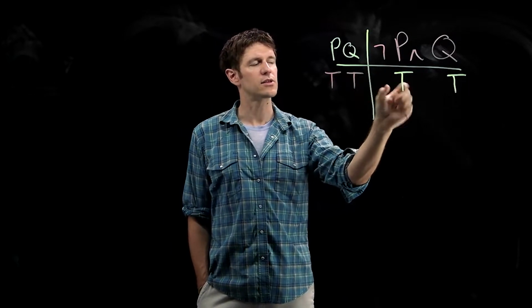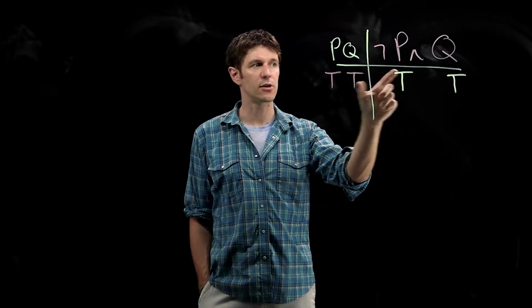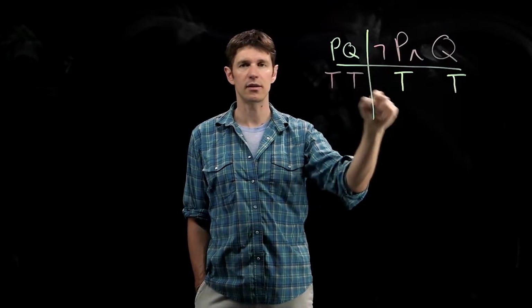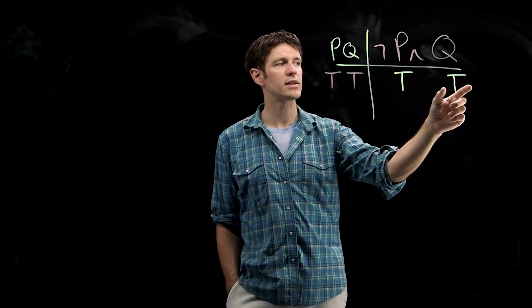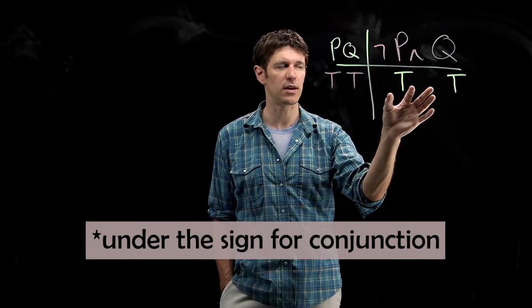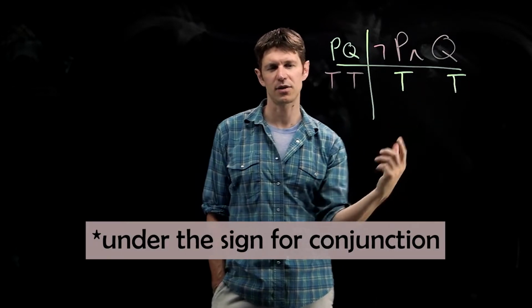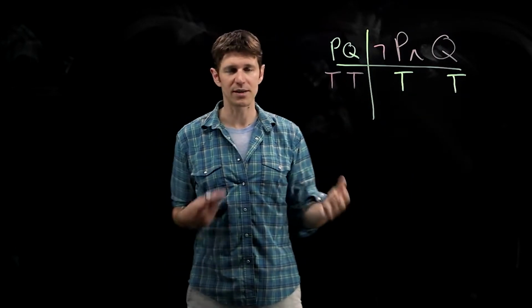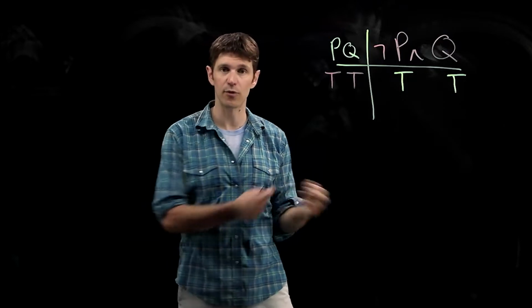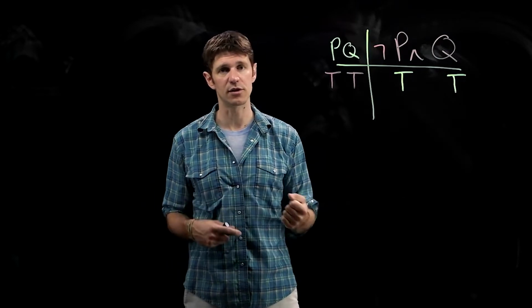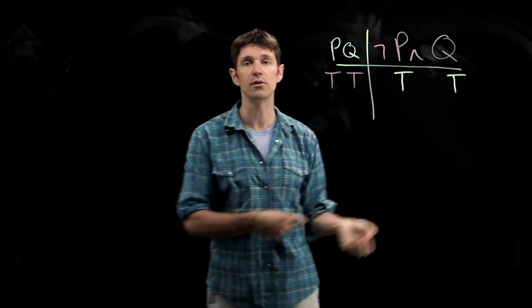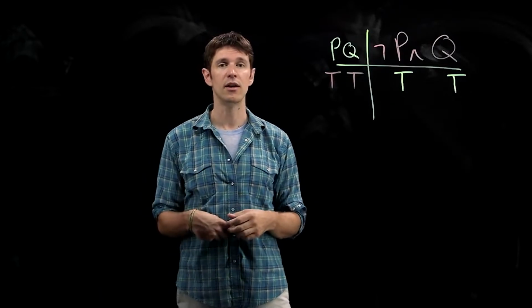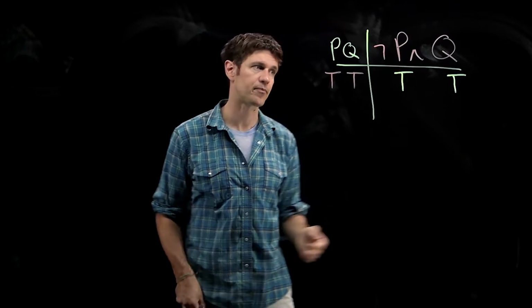Do I take this truth value T and determine the truth value of not P and write a truth value under here? Or do I take the truth value of Q and P and write it under this sign for negation? You might not have difficulty with this one, but maybe in the process of determining some formula, you run into some issues where you are just unsure which truth values to use to take the next step in determining the truth value of the formula.